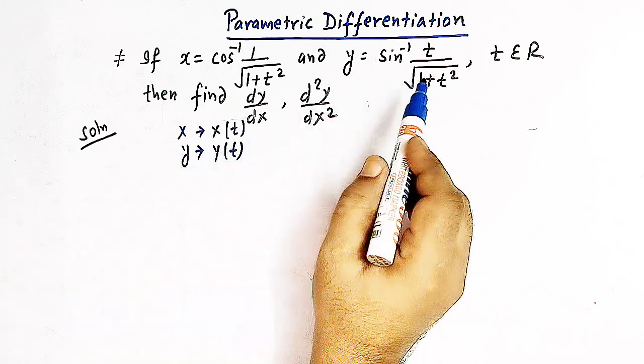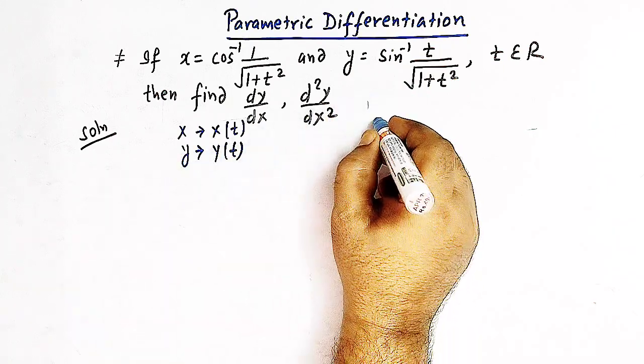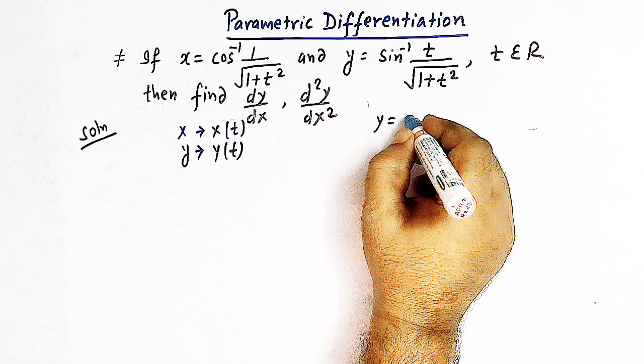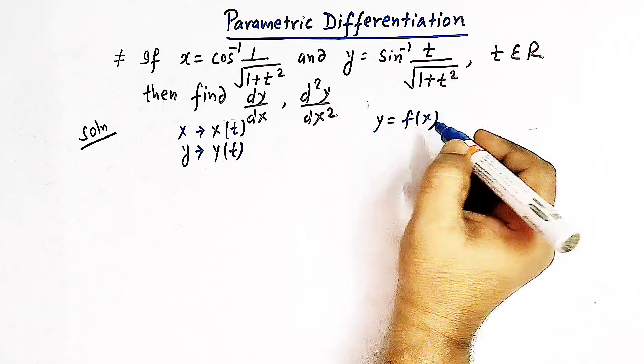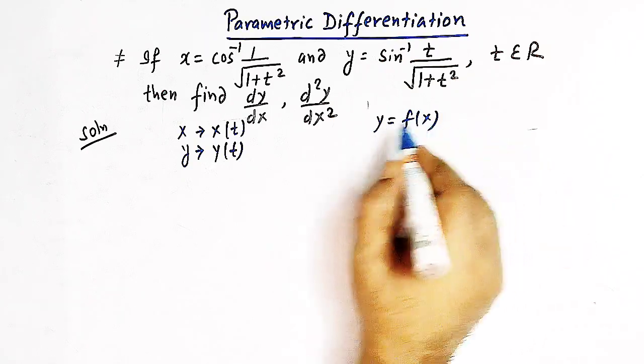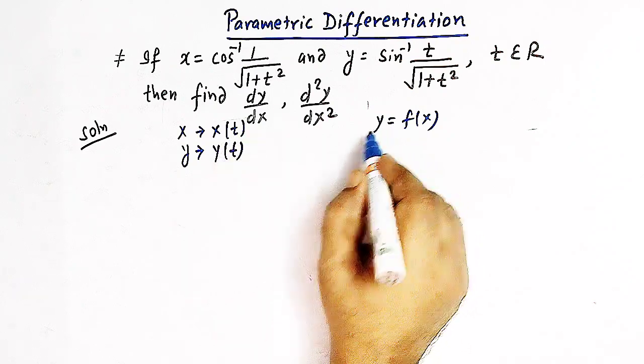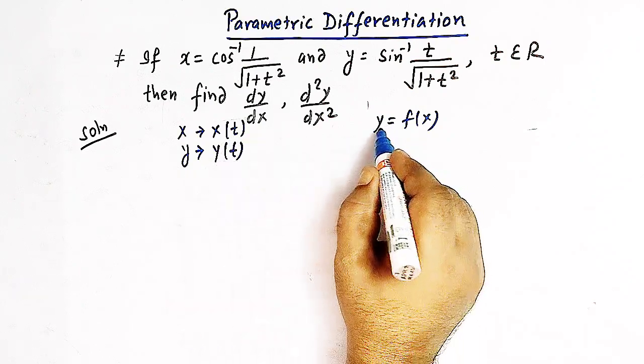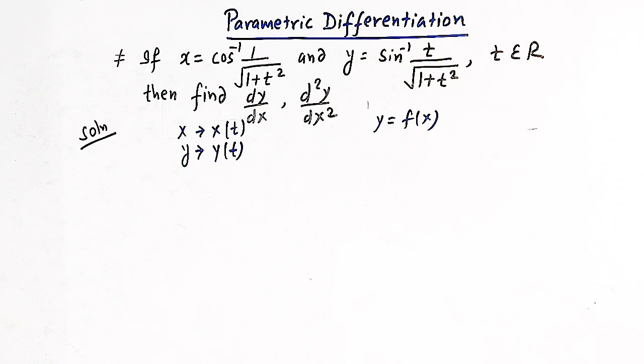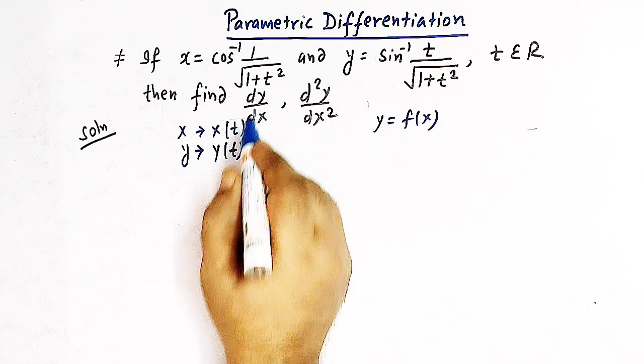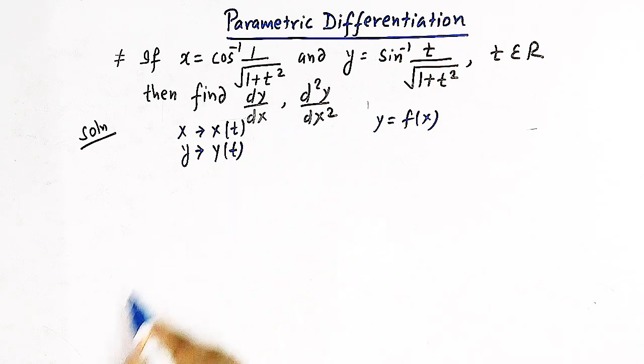Here t is a parameter and we have a function y is equal to f of x, where x depends on t and y also depends on t, and further y is a function of x. Let us see how we can find dy over dx and the second derivative of y with respect to x.